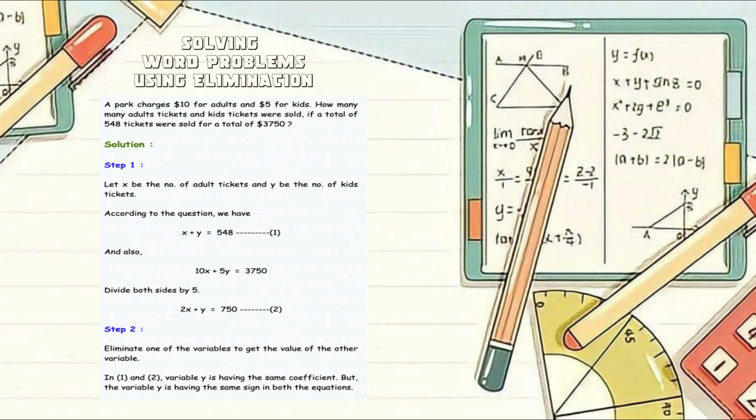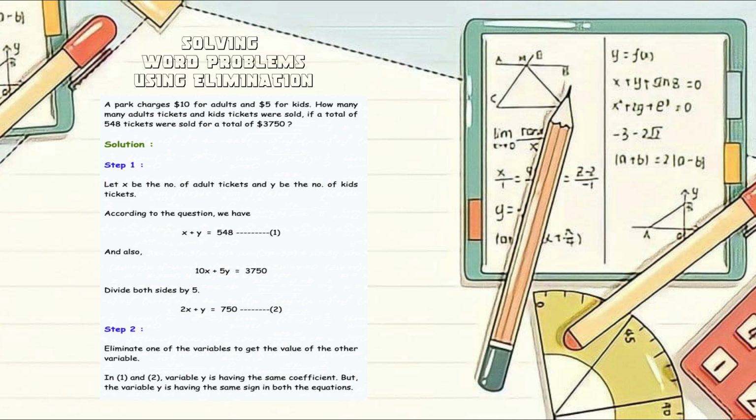Let X be the number of adult tickets and Y be the number of kids tickets. According to the question, we have x plus y is equals to 548 and also 10x plus 5y is equals to 3,750. Divide both sides by 5.